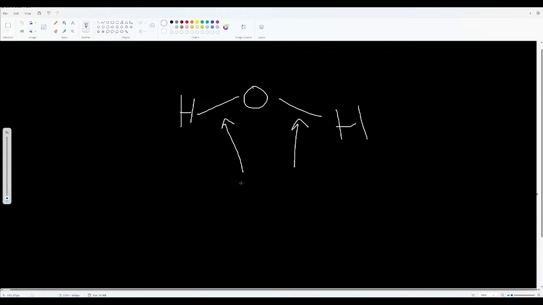And these, as you may know, are polar covalent bonds. So the cool thing about water just being made of entirely polar covalent bonds is that because it's so small and because it has these polar covalent bonds, it is able to have multiple different properties which are very unique and very necessary for survival of life as we know it, right?